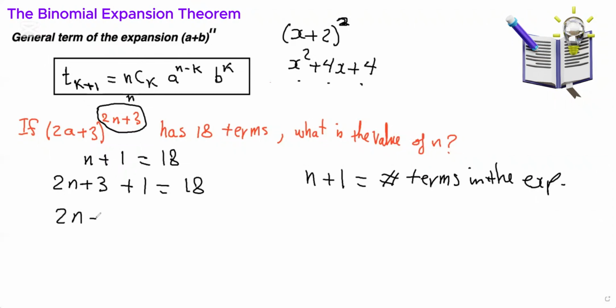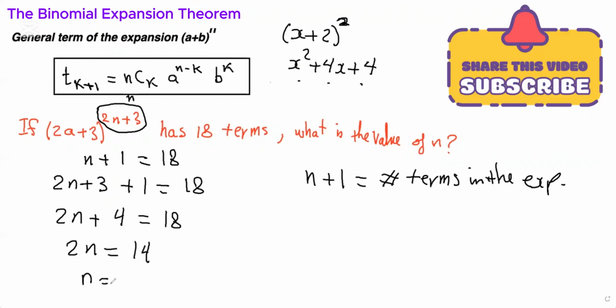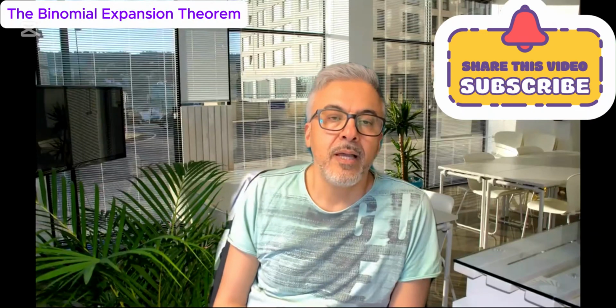Now 2n plus 4 equals 18. 2n equals 14, and therefore n would equal 7. And as you see, if I sub in 7 there, 2 times 7 is 14, plus 3 is 17. If you have n as 17, then you know you have 18 terms, because it's always n plus 1. That's how many terms you have.